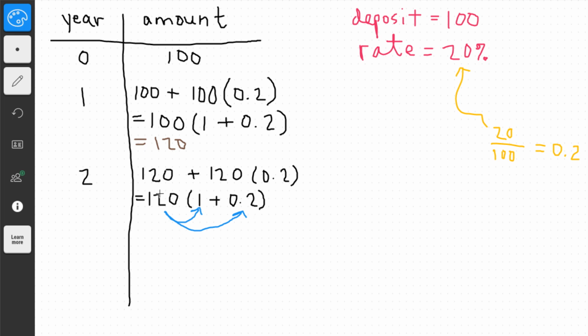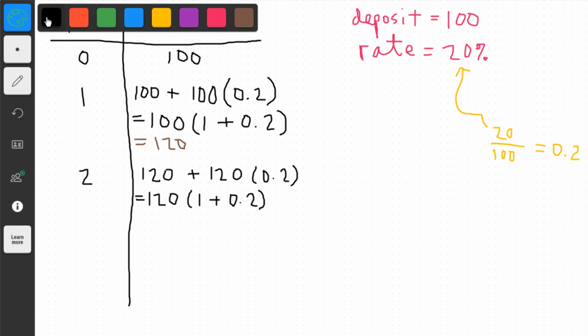So if we wanted to multiply this out, it would be 120 times 1 plus 120 times 0.2. What I've done here is the exact opposite of that, because 120 times 1 is 120, and 120 times 0.2 is 120 times 0.2. So we can do the reverse of the distributive property, and that's basically what common factoring is. Just in case you're unsure about that.